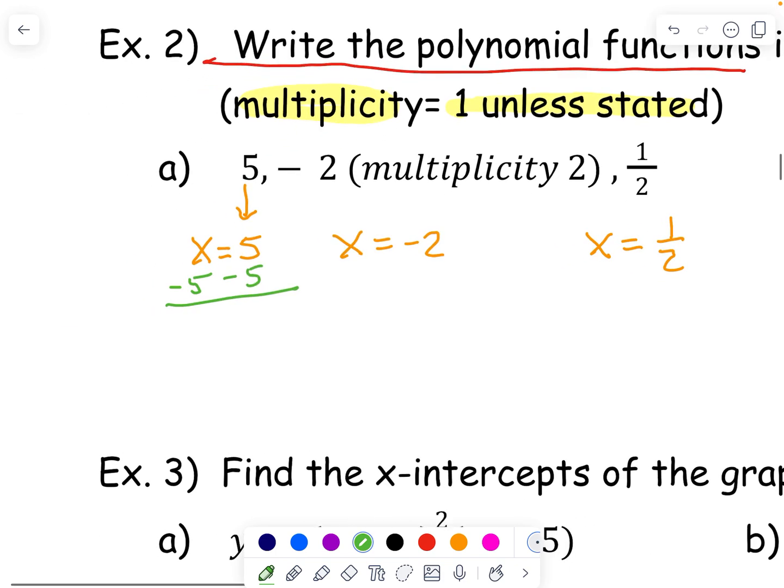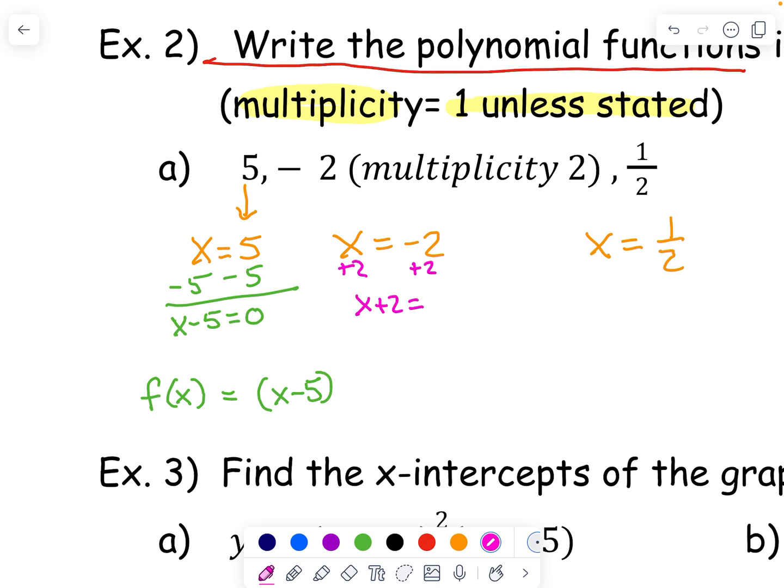So this one is going to be x minus 5 is equal to 0. So that means our function, because this has multiplicity 1, would have one of these, okay? Then we go to the next one, and we add 2. We have x plus 2 is equal to 0.